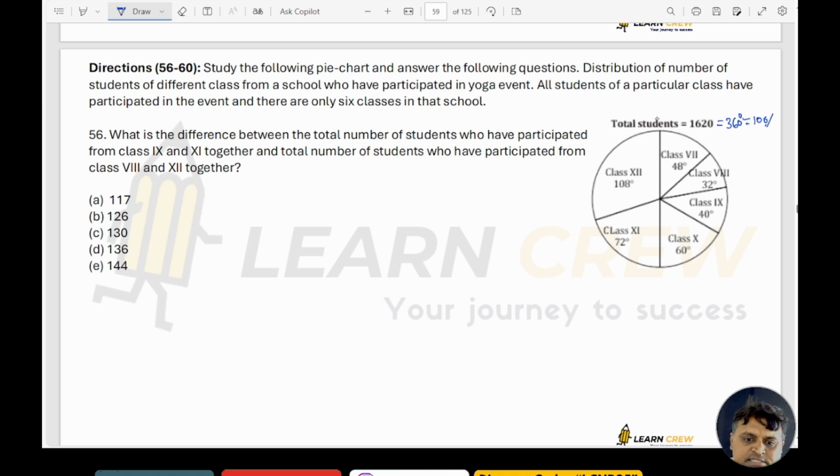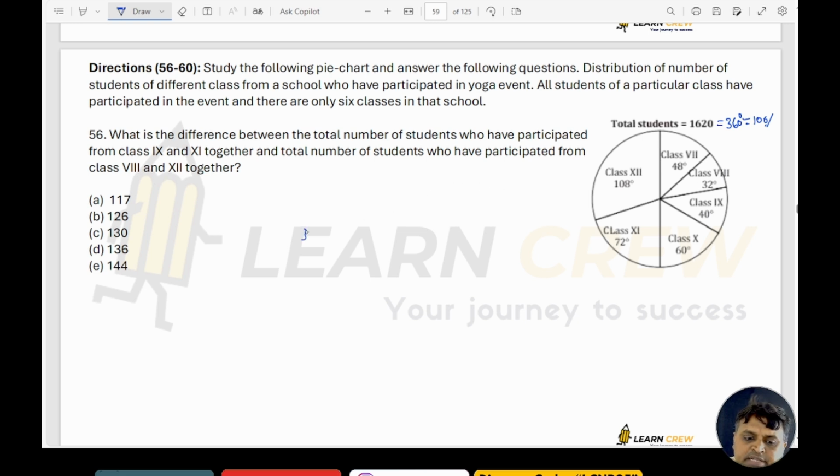What is the question asked here? What is the difference between the total number of students who have participated from class 9 and 11 together and the total number of students from 8th and 12th together?